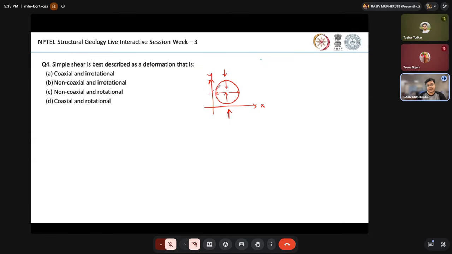That means the final deformation shape will be like this. But notice no lines which are parallel to these perpendicular diameters are rotating, right? So this is pure shear.